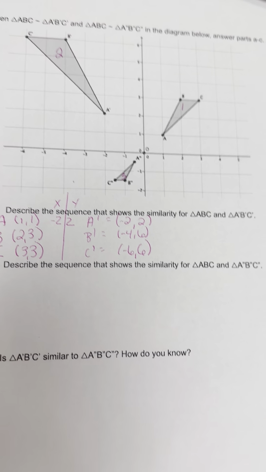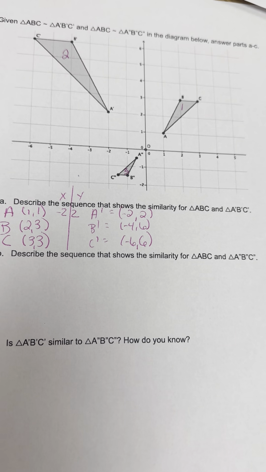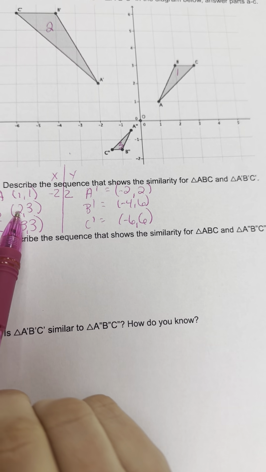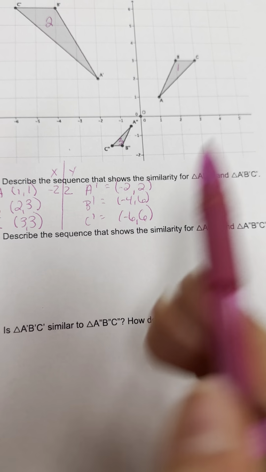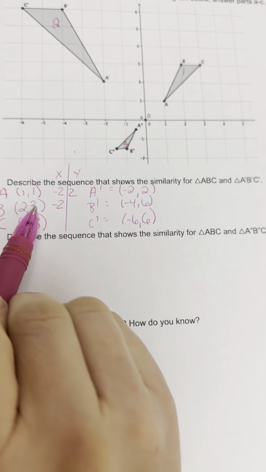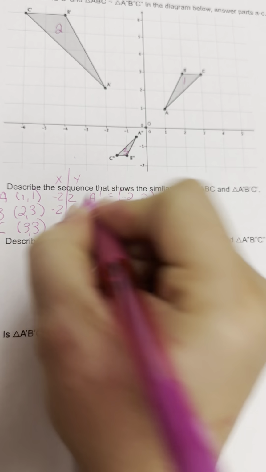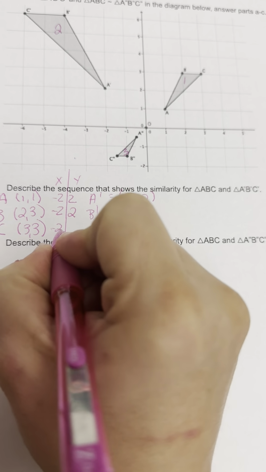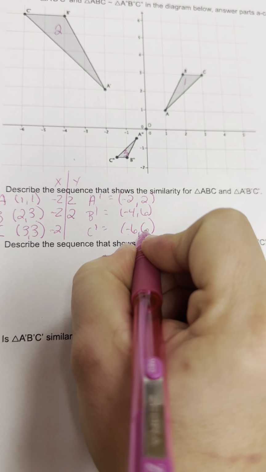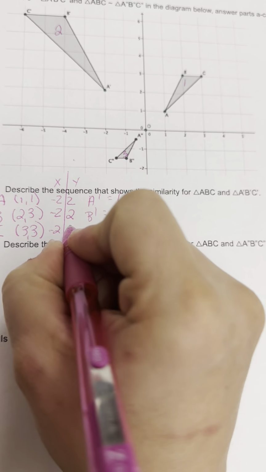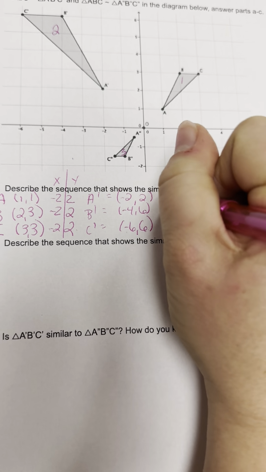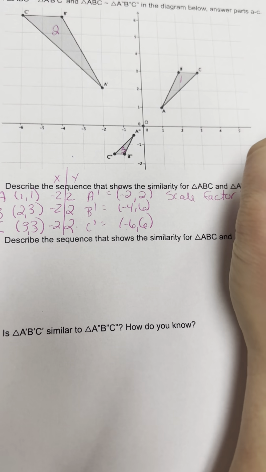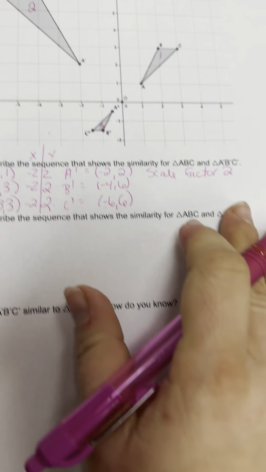I'm going to do the same thing with all of those. So 2 times some value gives me -4, that's -2. 3 times some value gives me 6, that's 2. 3 times some value gives me -6, -2. 3 times some value is 6, that's also a 2. So my scale factor is 2. Because I'm enlarging it, it's always going to be positive.